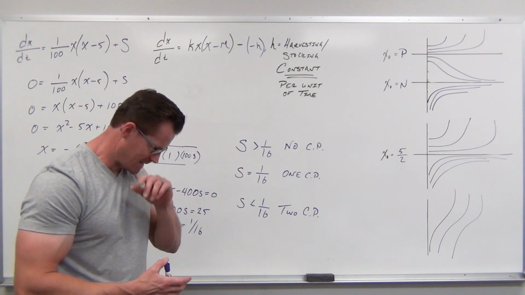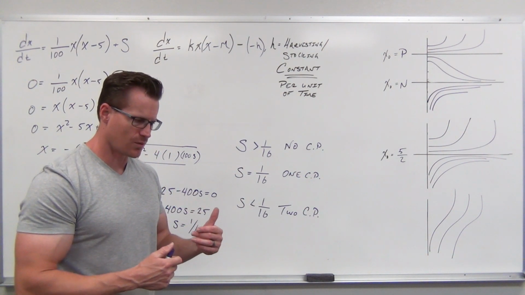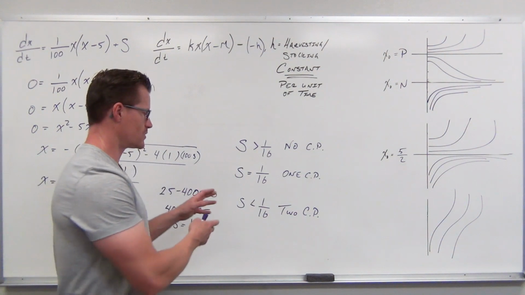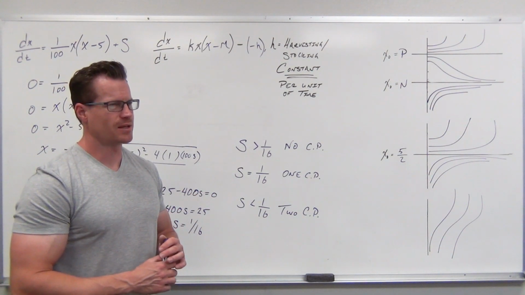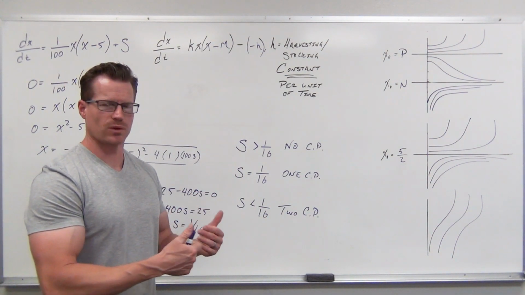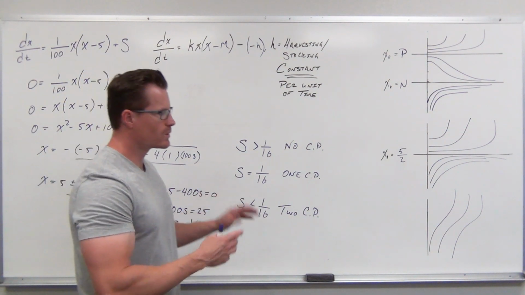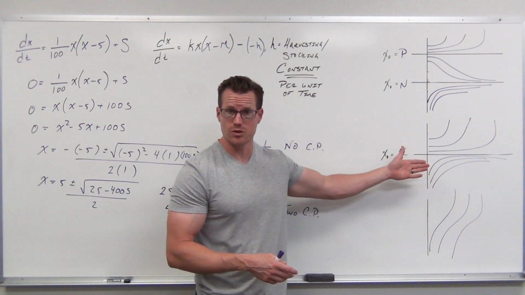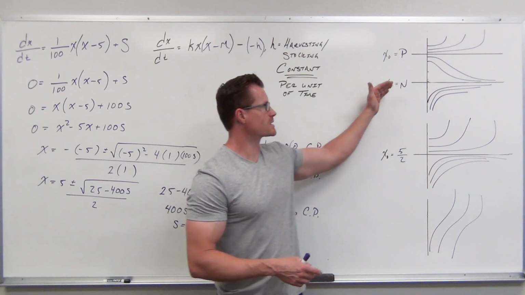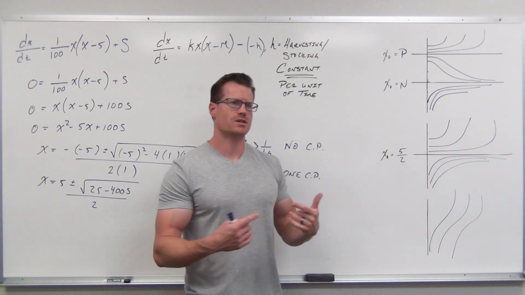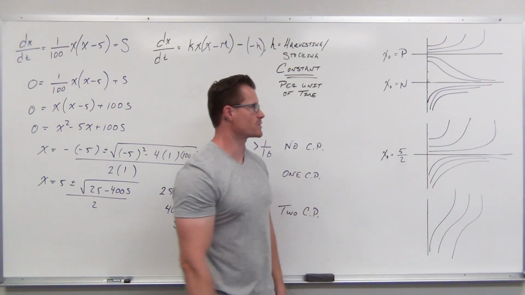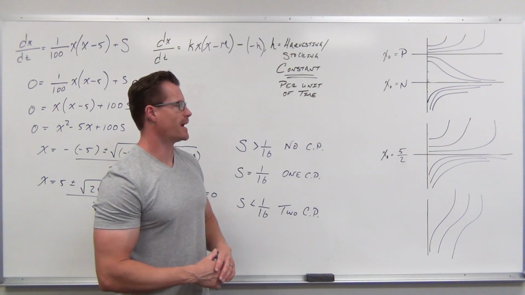I wanted it to make sense that when we start stocking or harvesting, that bifurcation value is really important to watch, especially in real life situations where we don't want explosion of species. We don't want extinction of species. We need to harvest and stock responsibly according to the differential equations to make sure that happens.